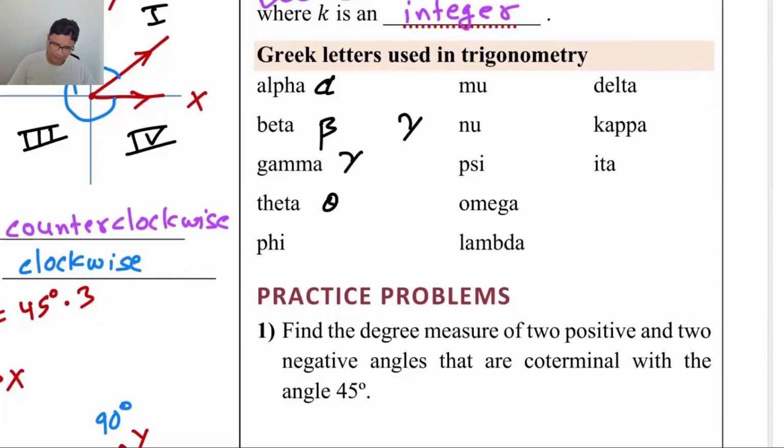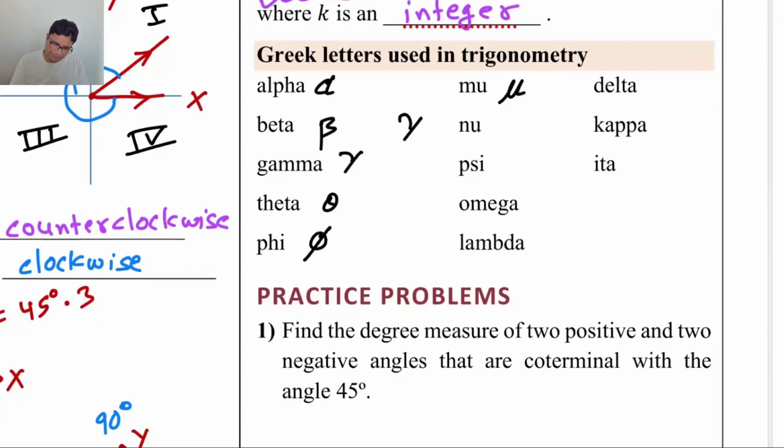Theta, that we saw just now. Phi is like a 0 with a cut through it. Mu is like U, but with an extra tail on the left.